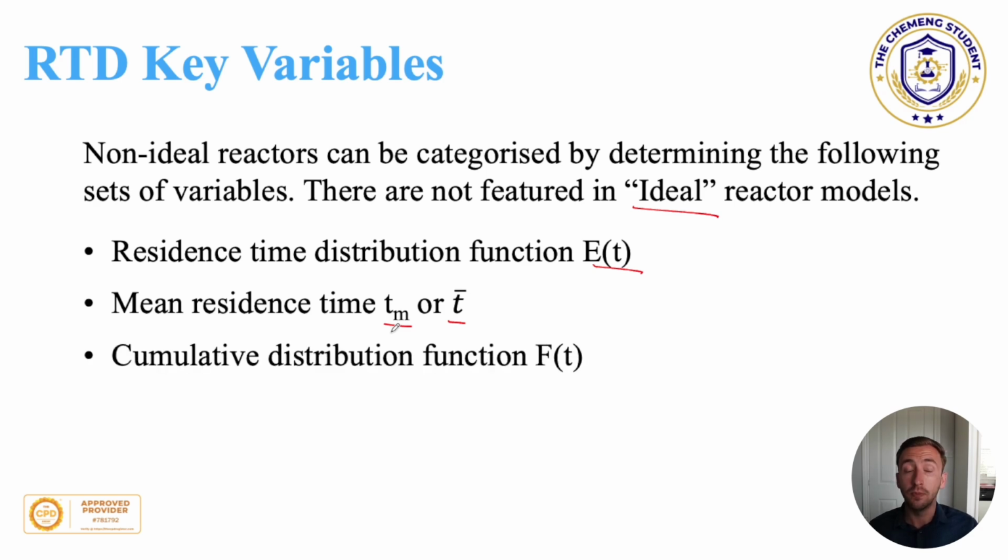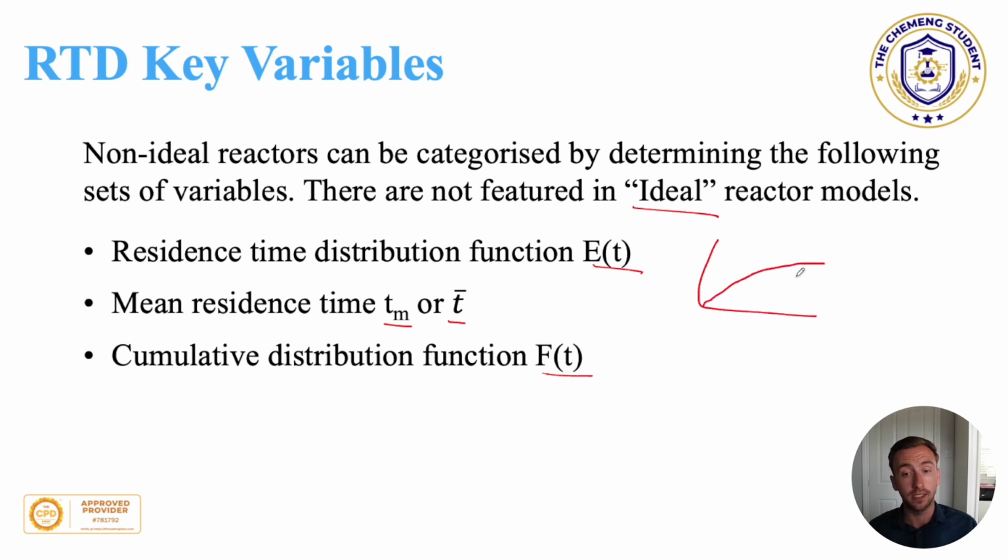Then we have the cumulative distribution function, and this is denoted as F of t. What this tells us is the accumulation of the function as we go per unit time. So for example, and we'll see these in just a second, your cumulative function would go something like this.